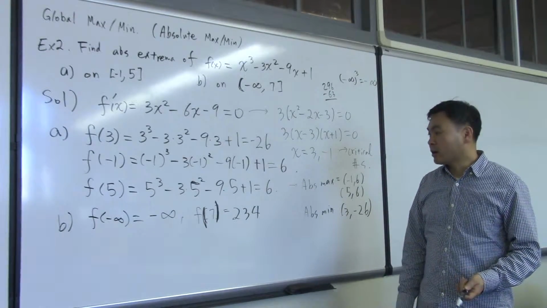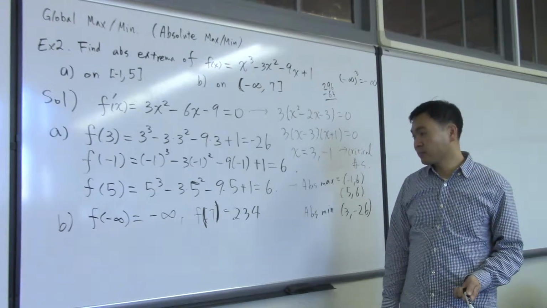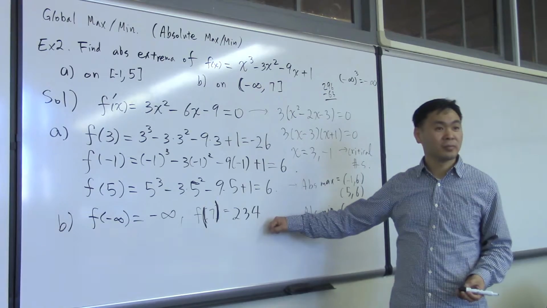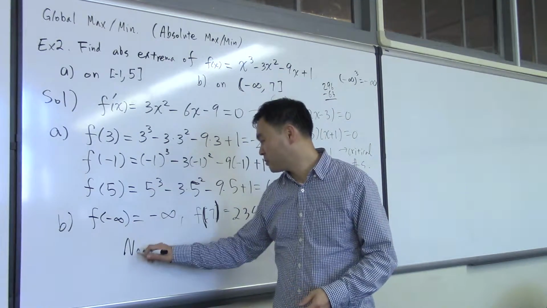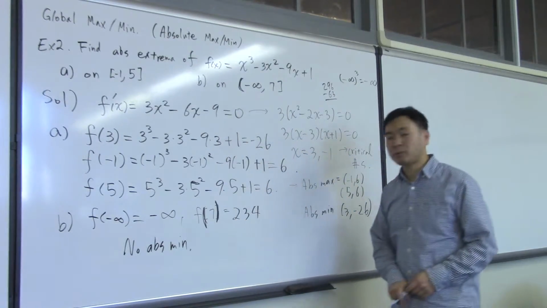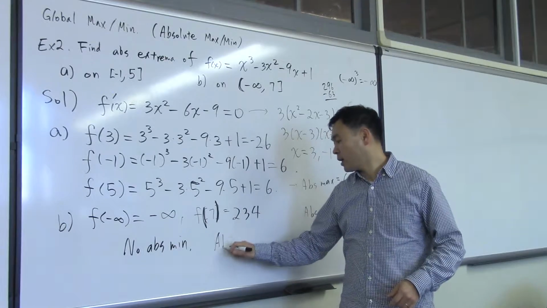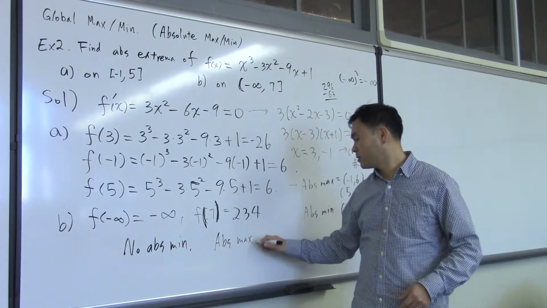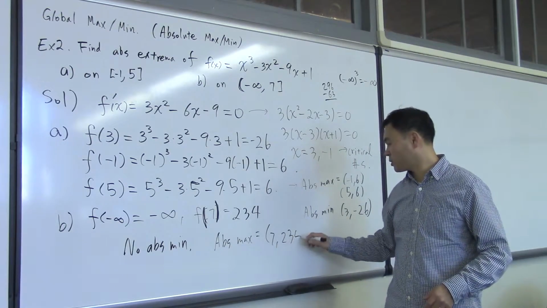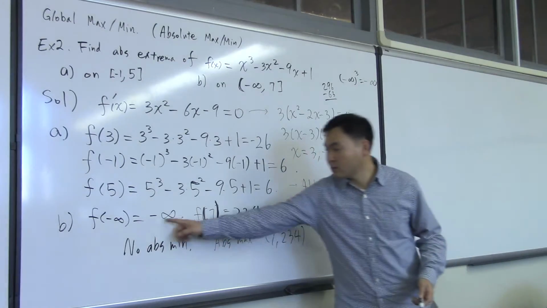Okay, so what's our conclusion? What's the absolute minimum? No absolute minimum. What about the absolute maximum? The absolute maximum is 134, because if you look at the boundaries, it's these two values.